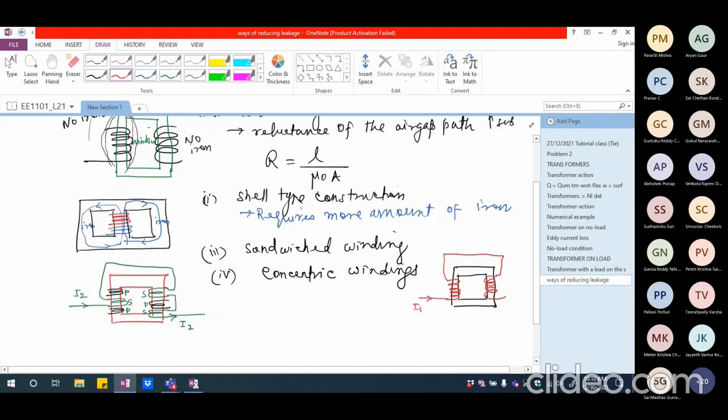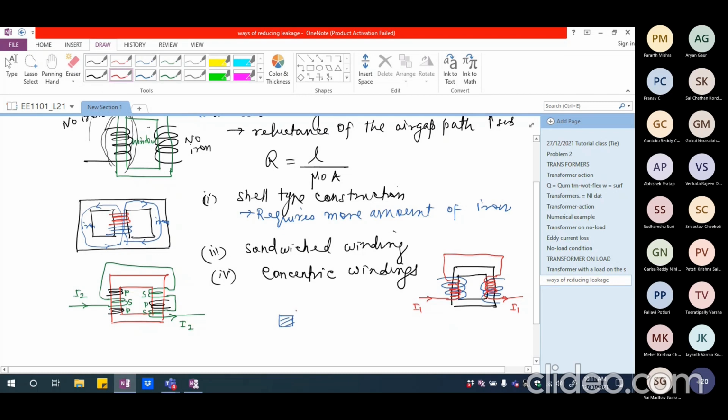So this is I1 and this is I2, I1 coming out. Now the secondary, if it is a high voltage winding particularly, I will put it around this. So I'm going to have this winding surrounding this, and the same way in this case also it can surround this like this.